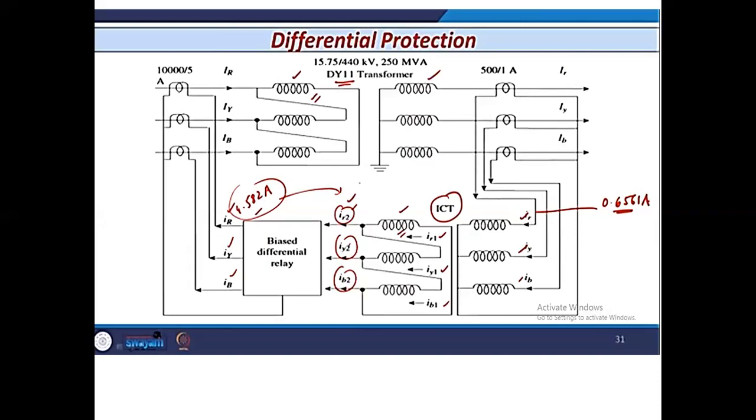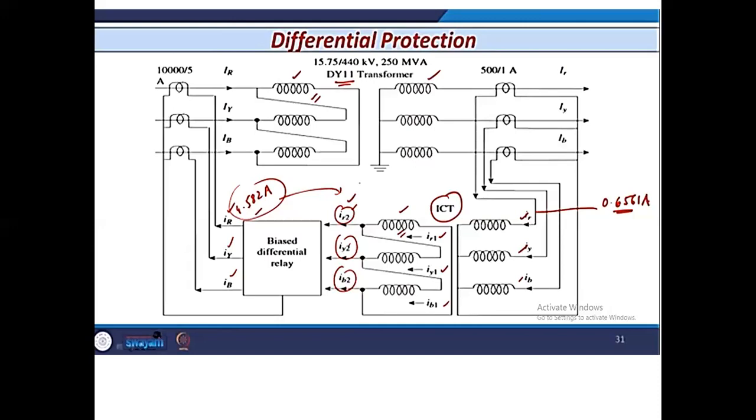So we have two currents, 0.656 and 4.582. These two currents are not equal, so by some means we have to make some arrangements so that these two currents are equal.